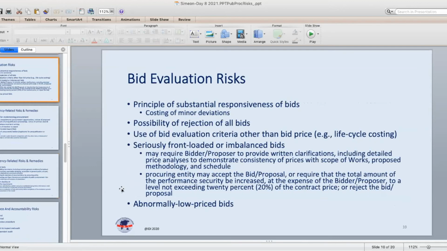Bid evaluation risks. The big one here, I think, to mention in view of our time limits, is the notion of substantial responsiveness of bids.